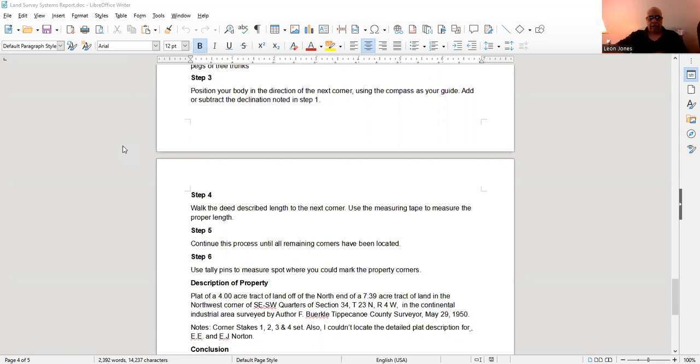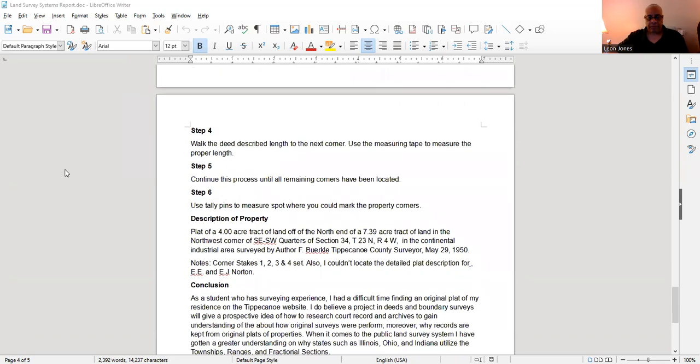Now again, I'm going over a description of property. Here's another one that I found from Tippecanoe County.